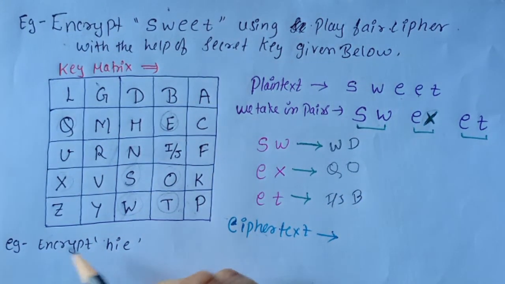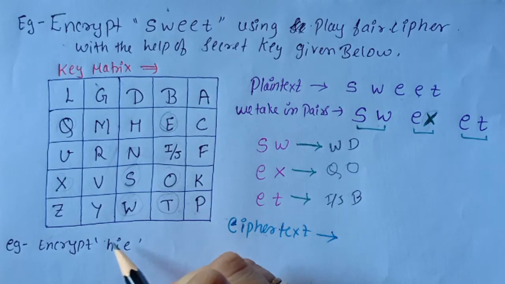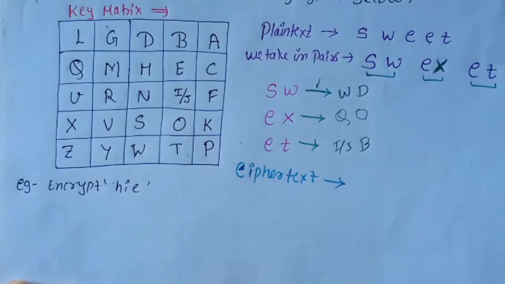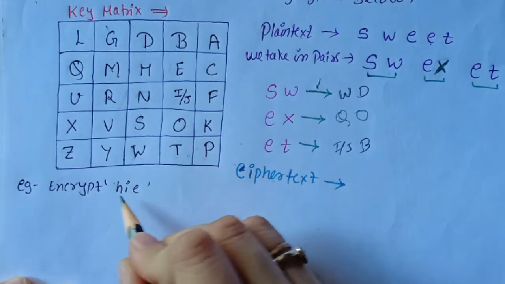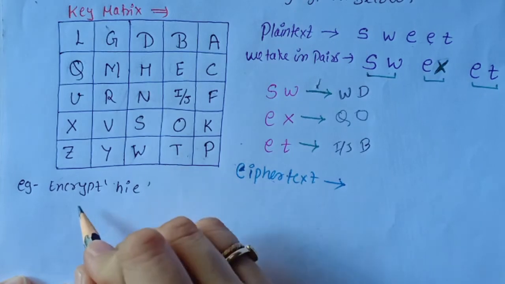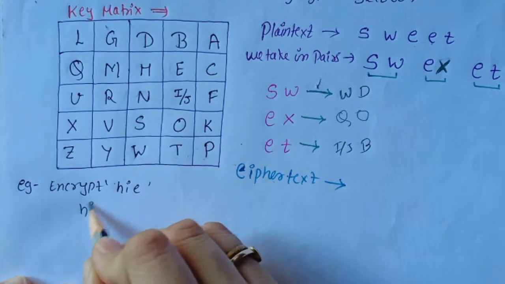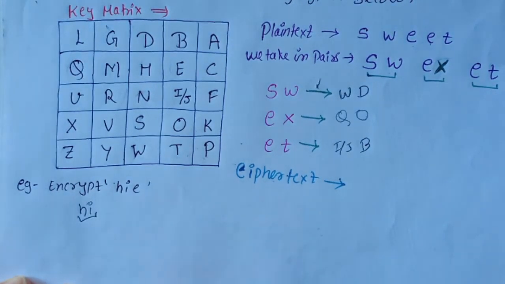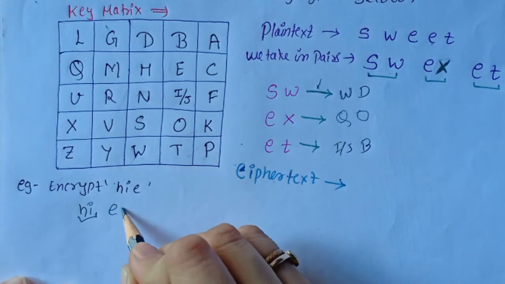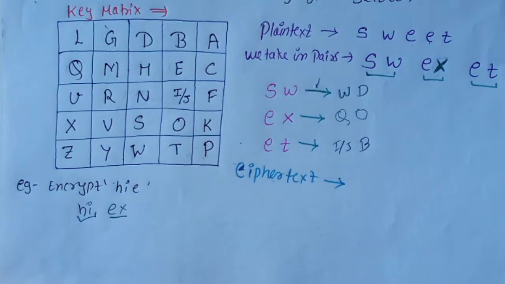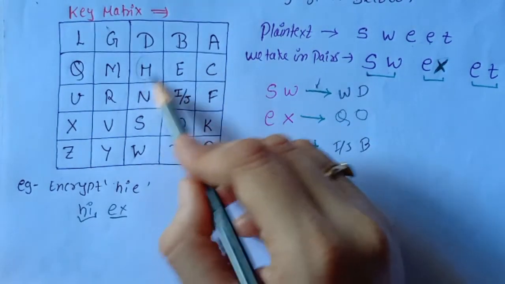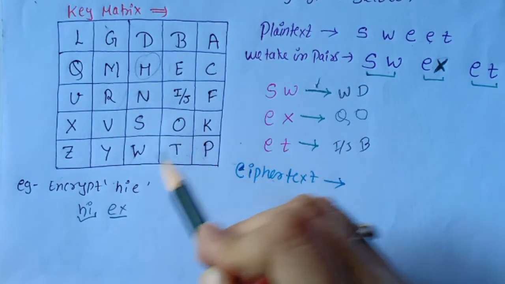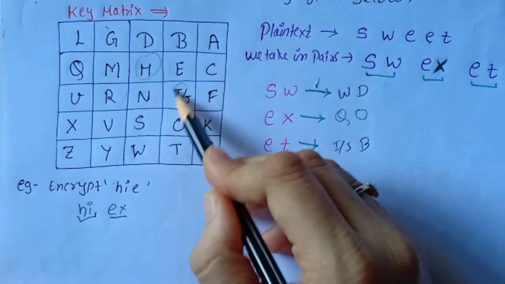Now we will encrypt another word, HIE, high. Here the length of this is not even, so we will use a bogus symbol. So HI will be a pair, E and X will be another pair. For H and I, H is here and I is here.